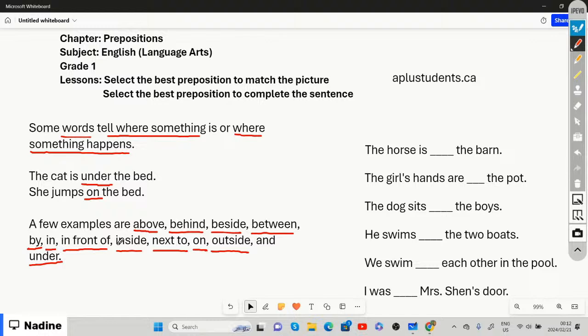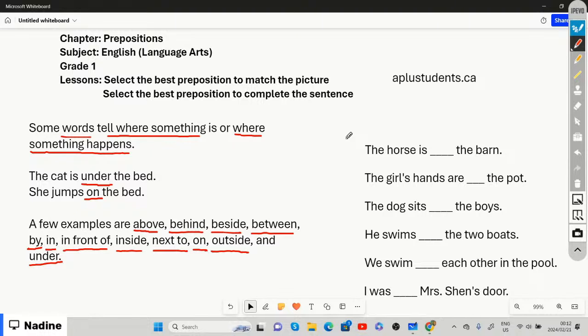All right, and before we go on to our little activity, let's think of another live example of a preposition. Think of where you're currently sitting. You are probably sitting on the chair, or you may be sitting on the bed.